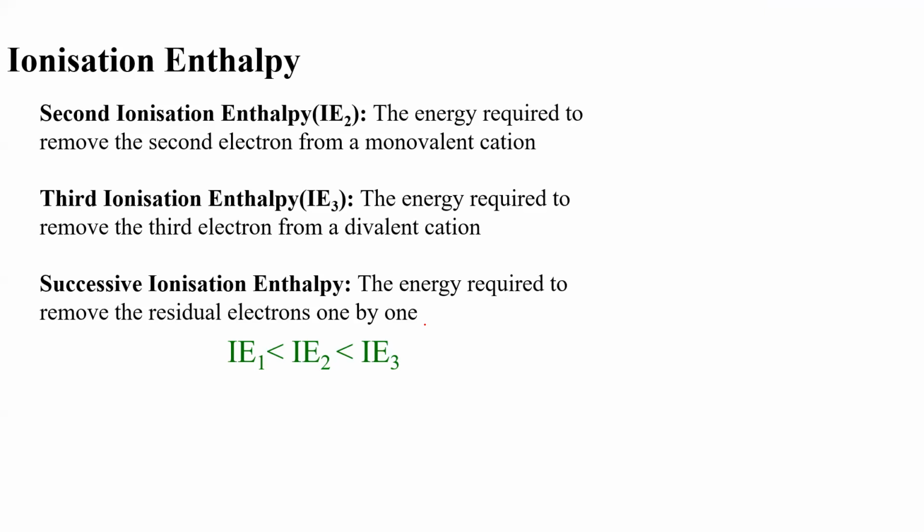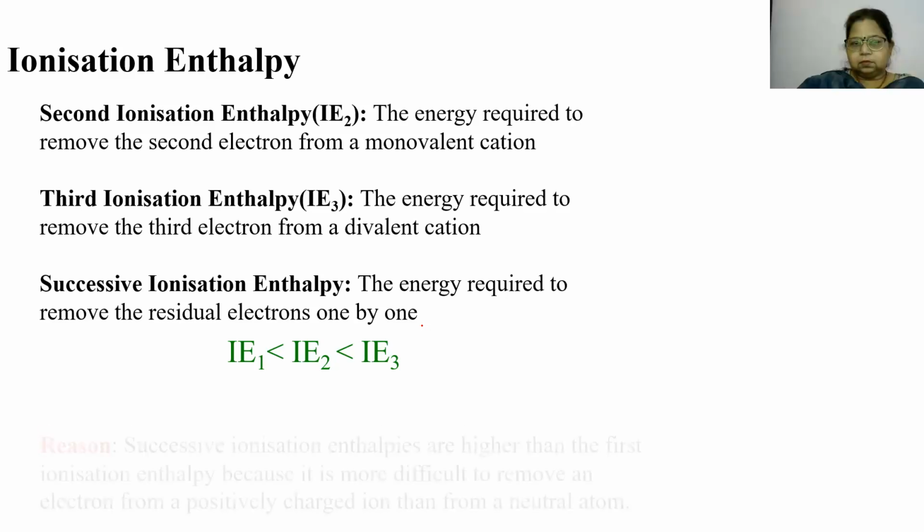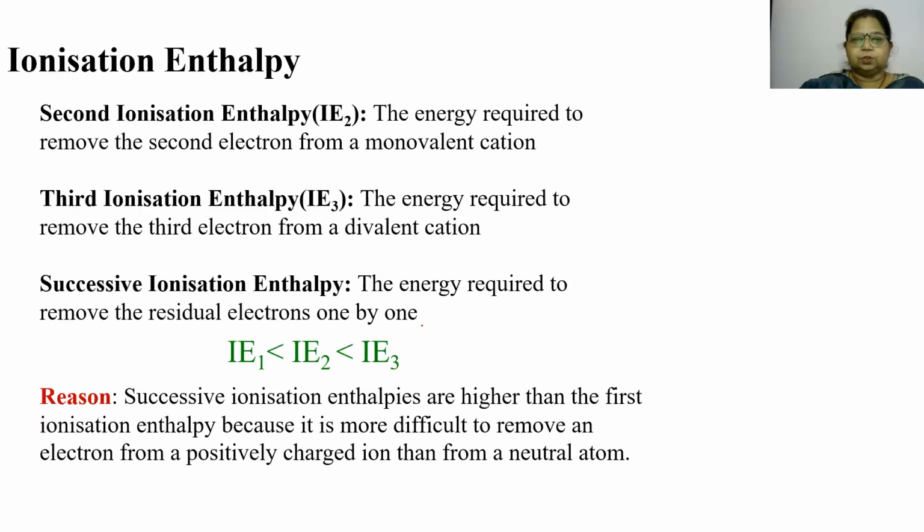Ionization enthalpy 3 will be higher. Why? Because the electrons are far away from the nucleus, so more energy will be required to remove the electron. Just rethink about what you said.